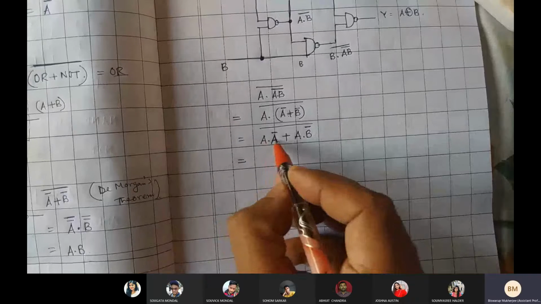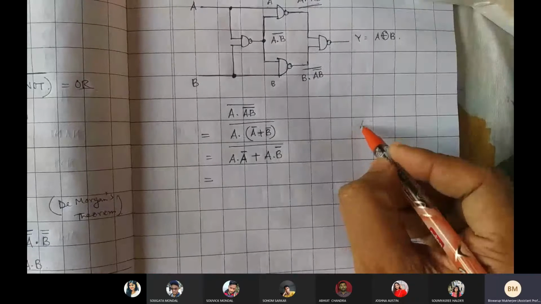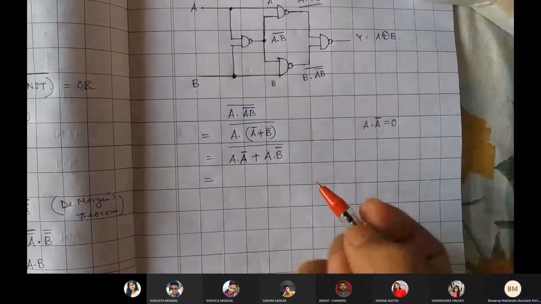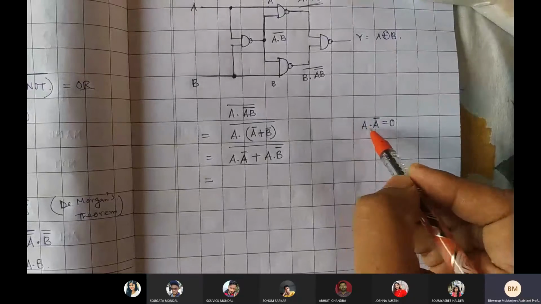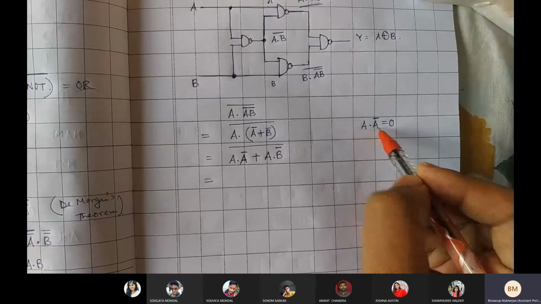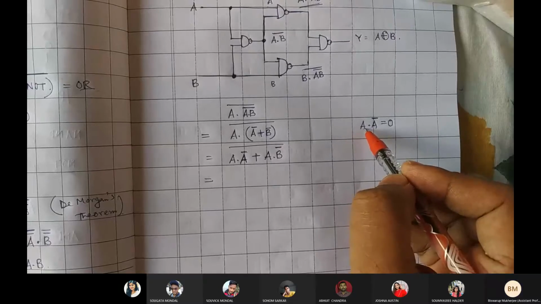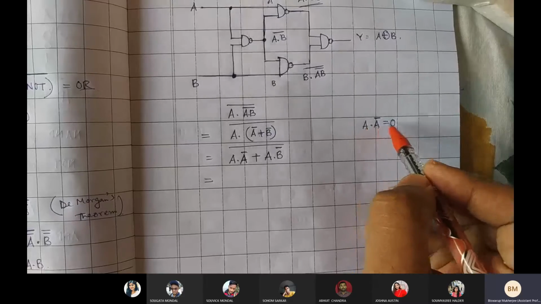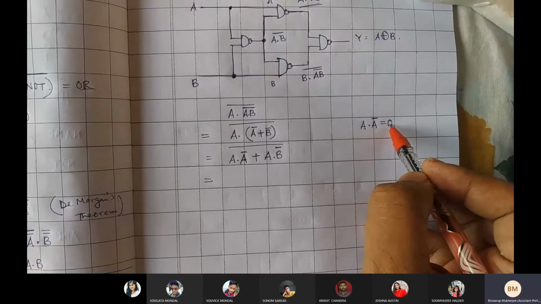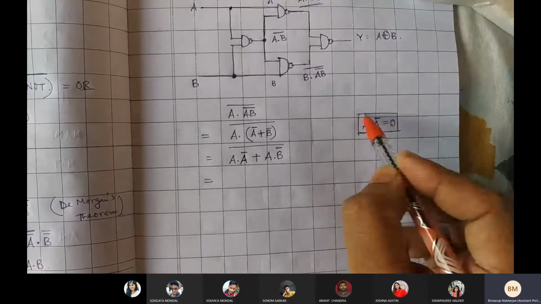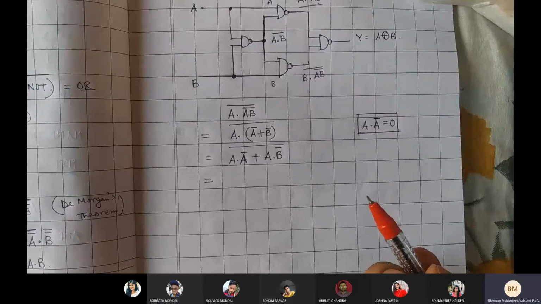Now what can I write down? What is this one? A dot A bar. For your information, A dot A bar is equal to 0. Why? Because if you assume that A value is 0, then A complement is 1, and 0 dot 1 is always 0. Even if A value is 1, then A bar value would be 0, and 1 dot 0 would again be 0. So this is another law, another minimization rule: A dot A bar is always 0.